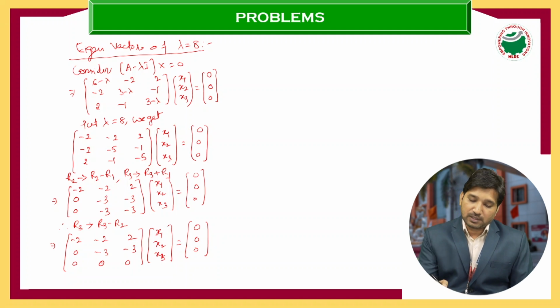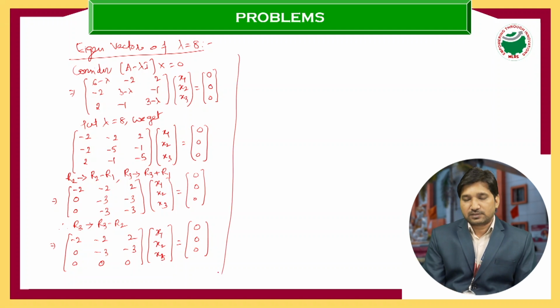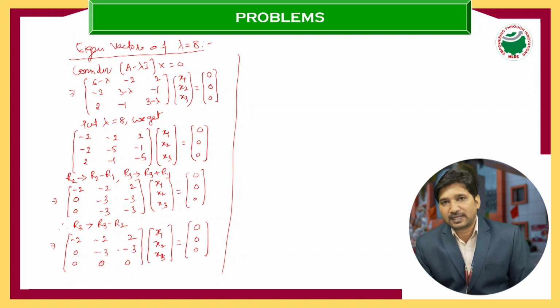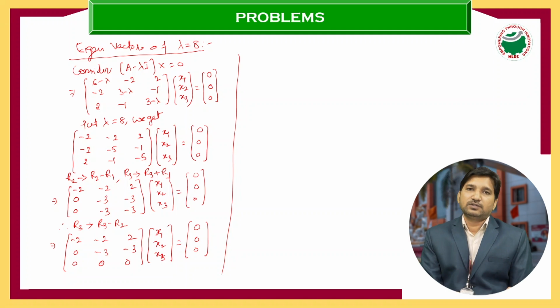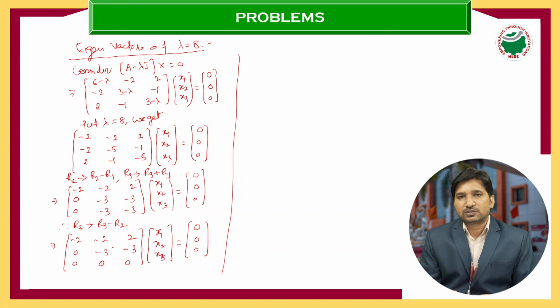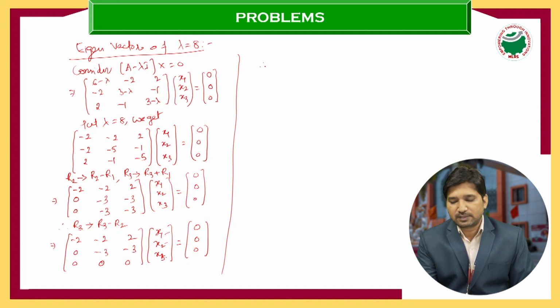So now the system has 2 equations. That is the rank of the matrix after using row transformation. Rank is 2. Number of variables is 3. So the number of independent variables is n minus r, that is 3 minus 2.